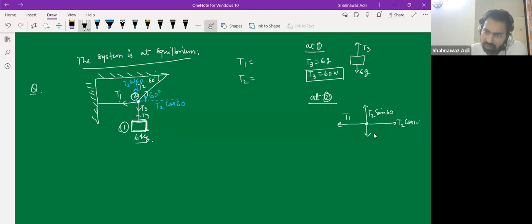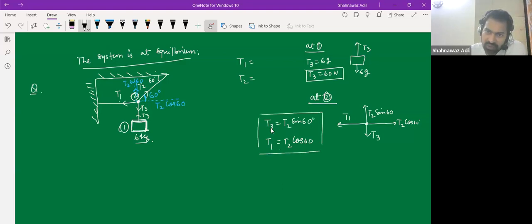So at equilibrium, T3 equals T2 sin 60. Correct? And T1 equals T2 cos 60. Clear?